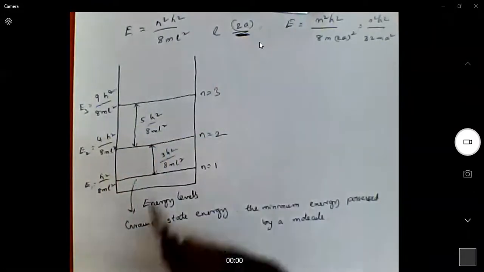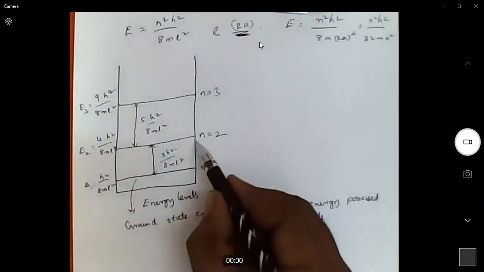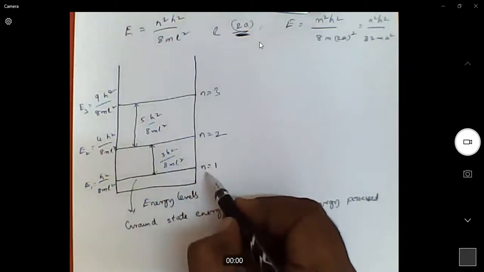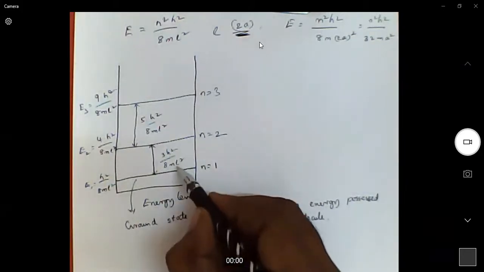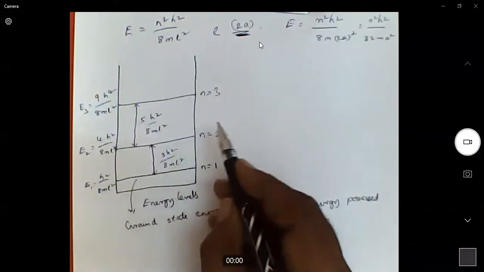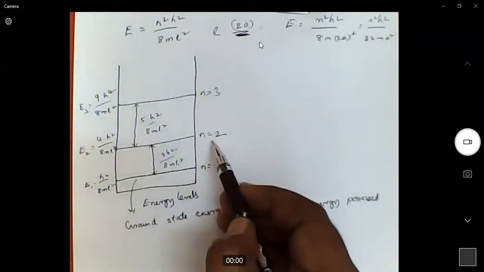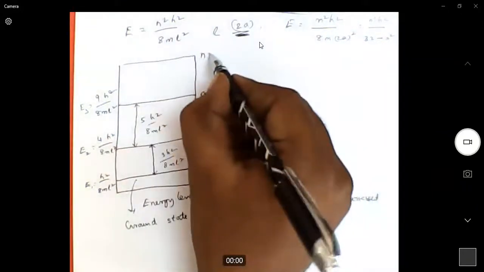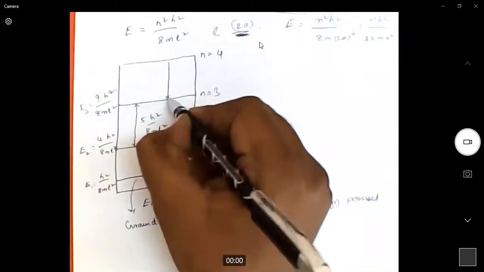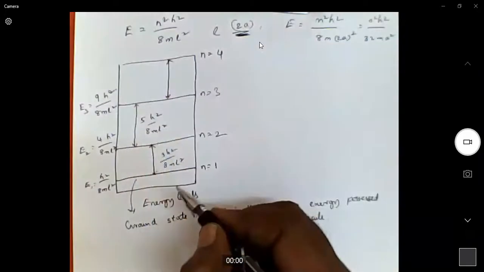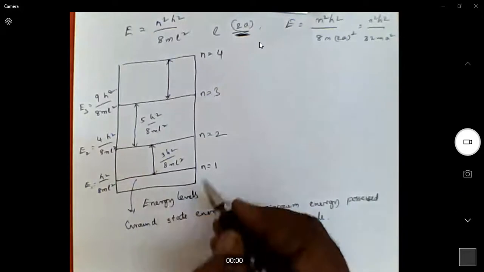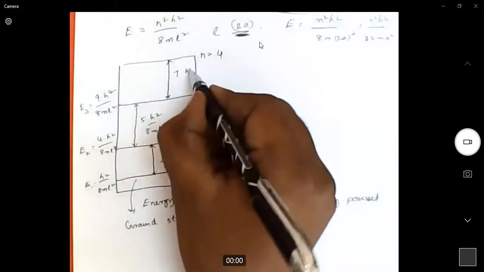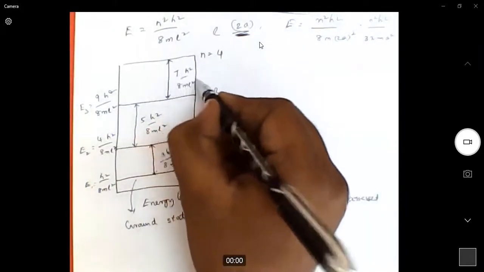You see, the energy difference between the n is equal to 2 level and the n is equal to 1 level is 3h squared by 8 m L squared. The energy difference between the n is equal to 3 level and the n is equal to 2 level is 5h squared by 8 m L squared. So in analogy, you can also calculate the energy difference between the n is equal to 4 level and the n is equal to 5 level. It is 7h squared by 8 m L squared.